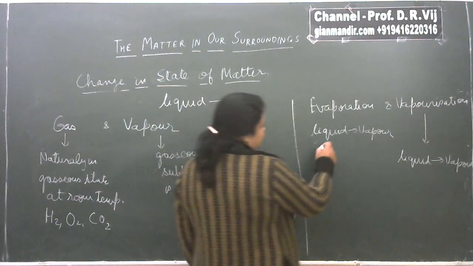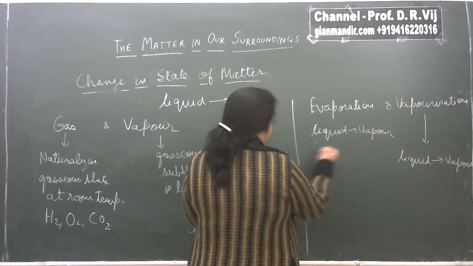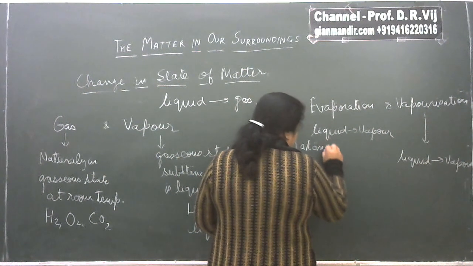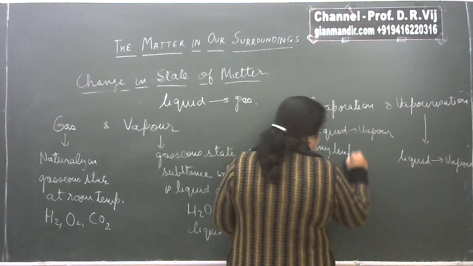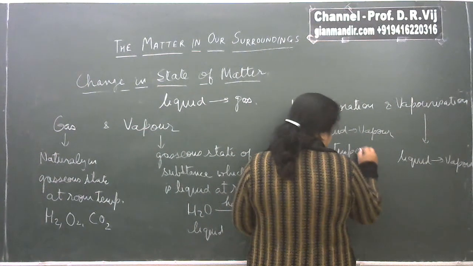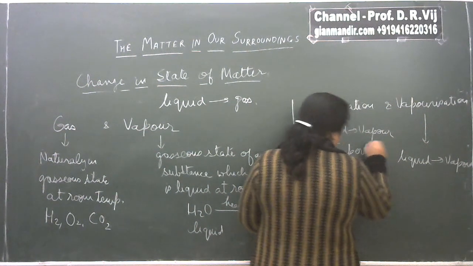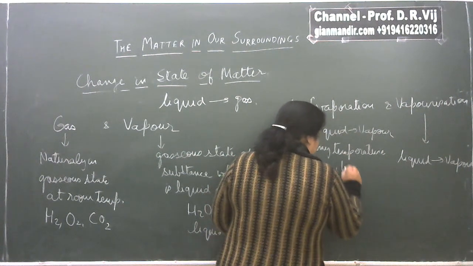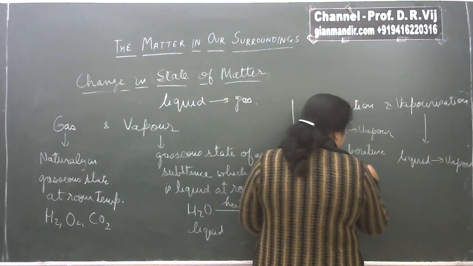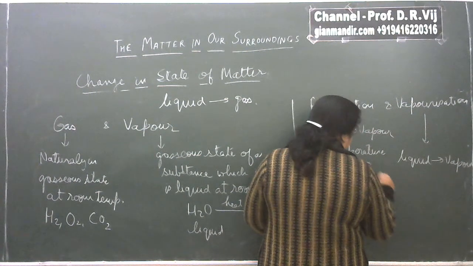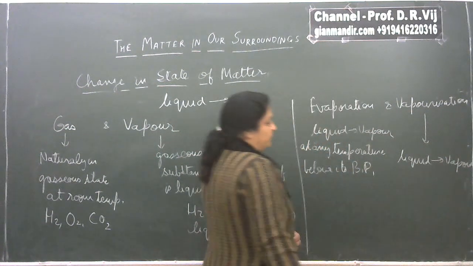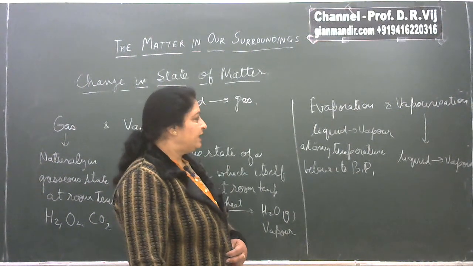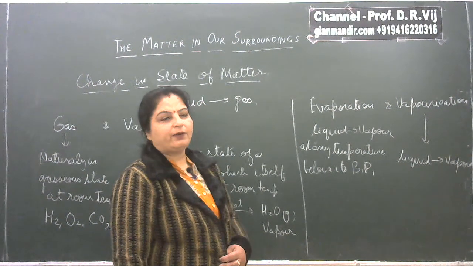Then what is the difference? Evaporation is conversion of liquid to vapor at any temperature below its boiling point. If a liquid is getting converted to vapor state at any temperature below its boiling point, then it is known as evaporation.